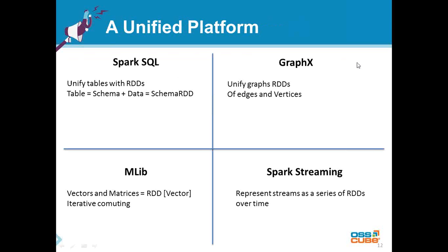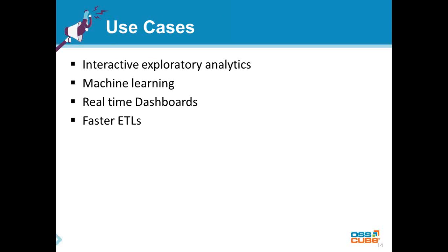It can do a time division of the incoming data and convert this into RDDs in memory, and then tools like SQL on Spark will be able to query these RDDs and give you the data back in a matter of a few seconds. So this is the kind of interactive analytics that you can do on Spark. So interactive exploratory analytics is one of the use cases.